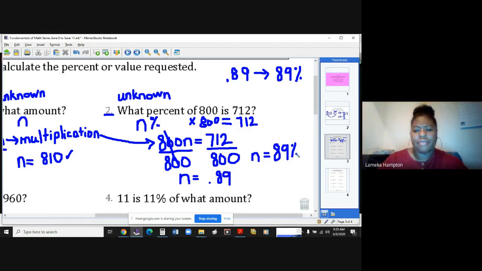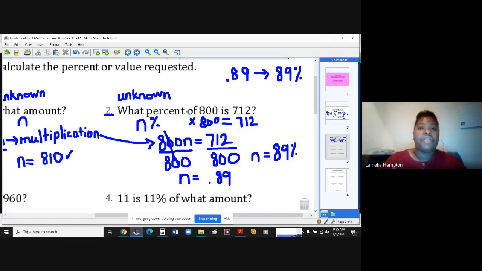Now, let me also say this. I can guarantee you without a shadow of a doubt that 0.89 would be one of the answer choices on your GED exam. Do not make the mistake of choosing this answer because they are asking you for percent.